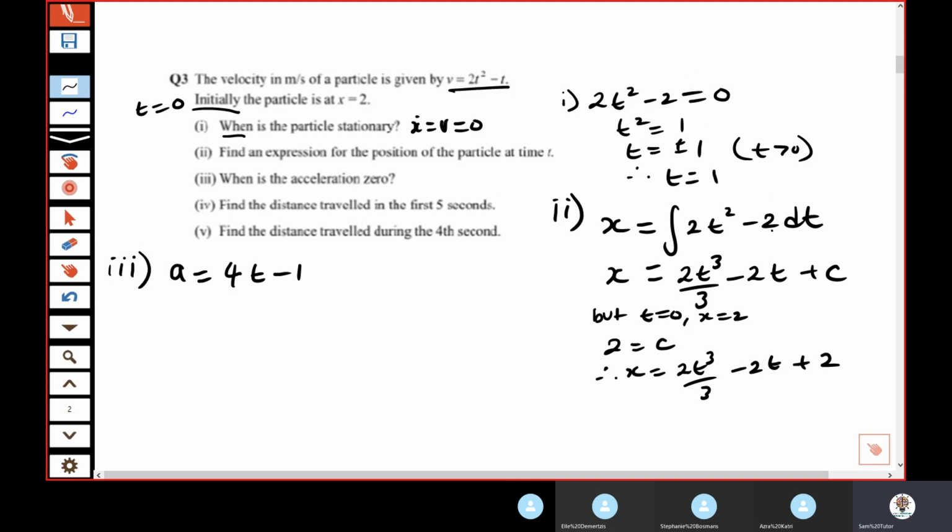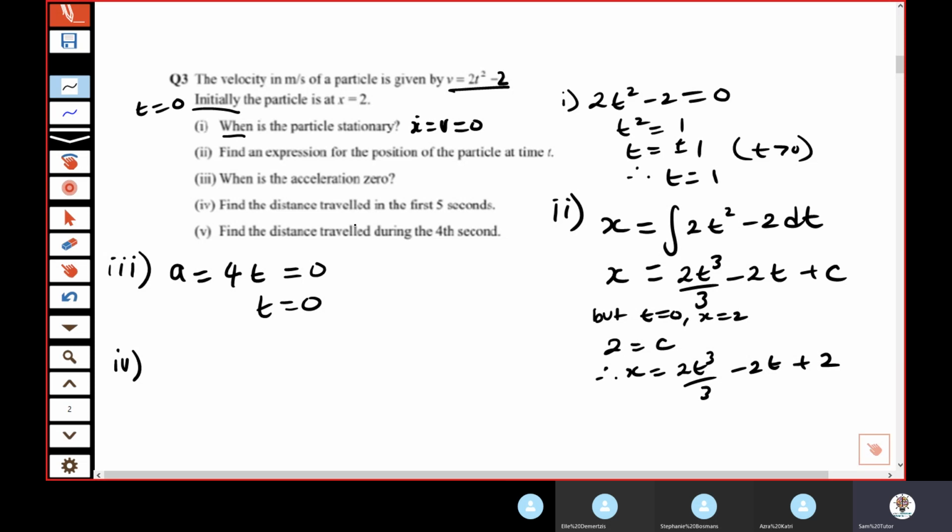Oh, I did it again here, didn't I? Well, problem fixed. Not that it matters, it doesn't make a difference to anything. It's just going to be 4t minus 4. And when is the acceleration 0? You make this equal to 0, so in this case that's just time equals 0, whereas in the other case it would have been a quarter, whatever.